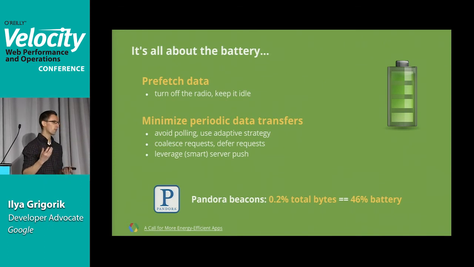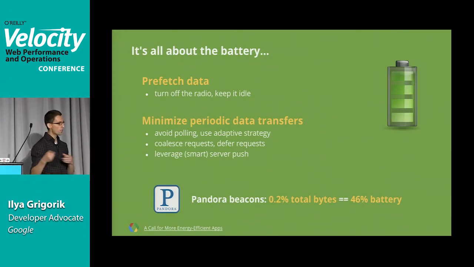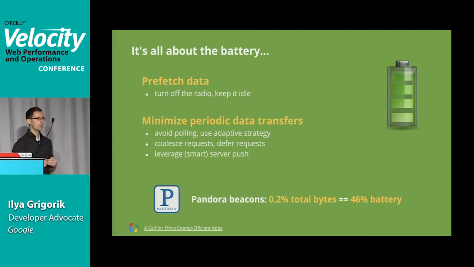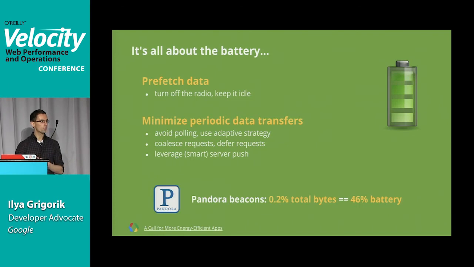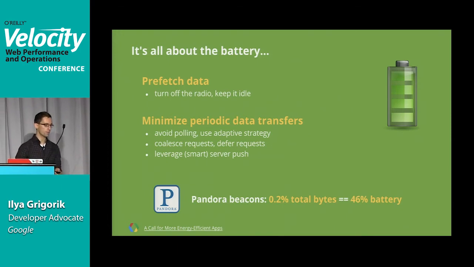And you know that the user is going to scroll to view most of them. You're actually better off prefetching all of that content early on and then turning off the radio, because that'll decrease the variability and the latency of fetching those things, and it'll also optimize the battery life of the device. Yes, you're potentially incurring more bandwidth there, right? But this is a trade-off that we have to make.